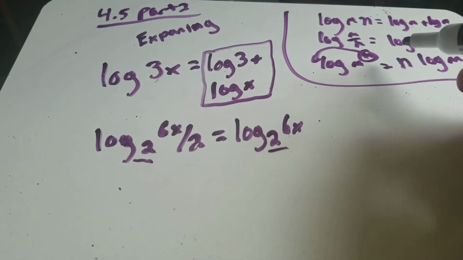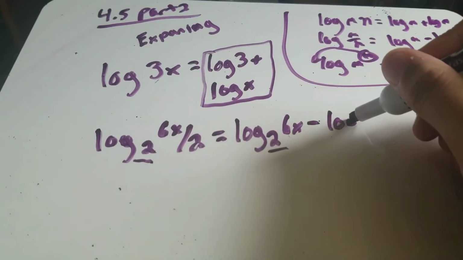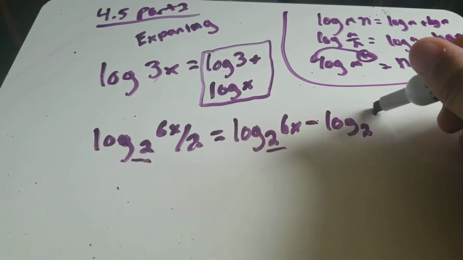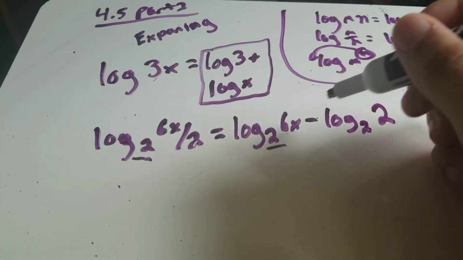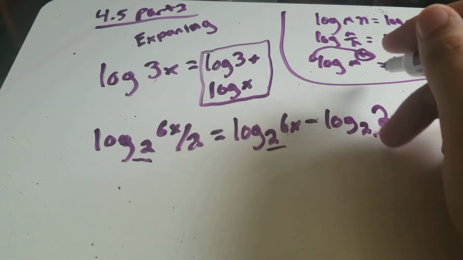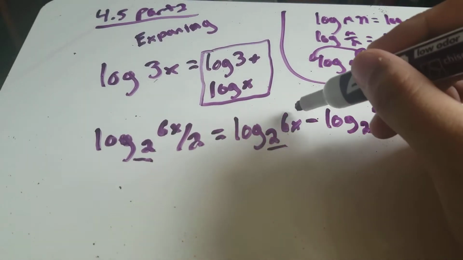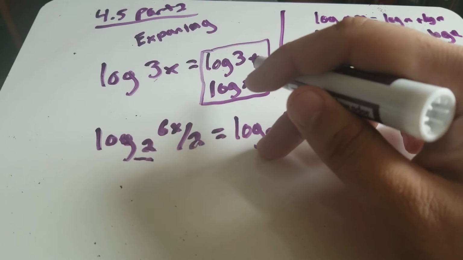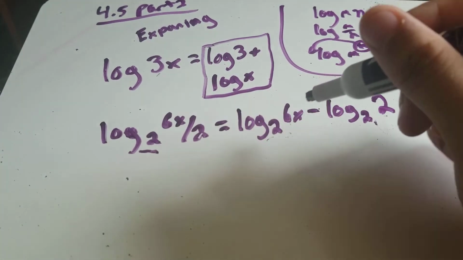Remember, division causes subtraction. So I'm going to put a minus sign. Log base 2 of 2. Now, let me check. This one right here, 2 is all by itself within this log, so we're happy. But this one right here, 6 and x are still together. And because 6 and x are still together, I need to still separate this.